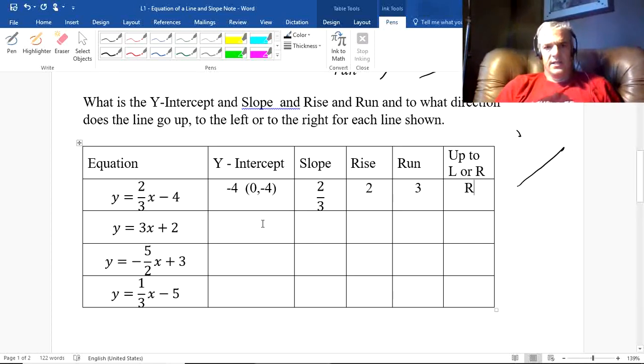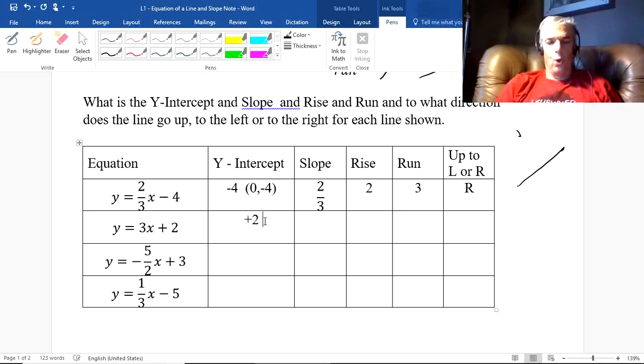And so we can continue on and do these ones here. This one would be +2. Oops, I've got to get the plus sign. Where's the plus sign? +2, or it can be written as (0, 2). And so that is a way of writing it.